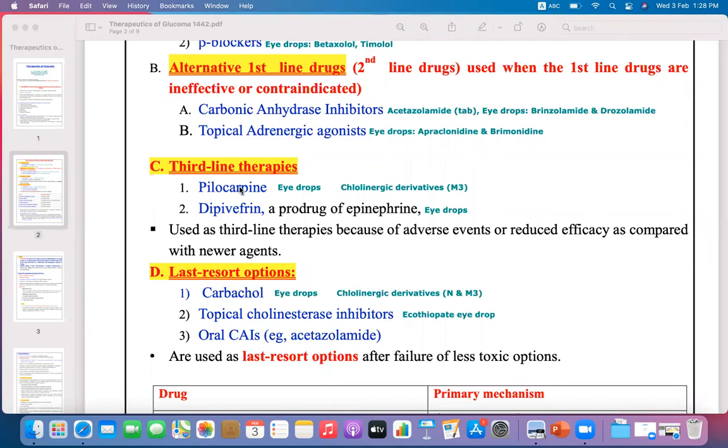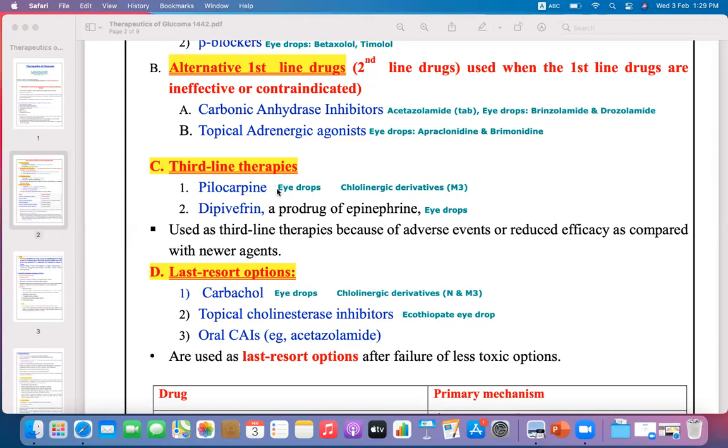When there is miosis, it will help to reduce the intraocular pressure. Miosis means decrease in the size of the pupil, and this miotic effect is useful to reduce the intraocular pressure. So that's why pilocarpine eye drops are available.